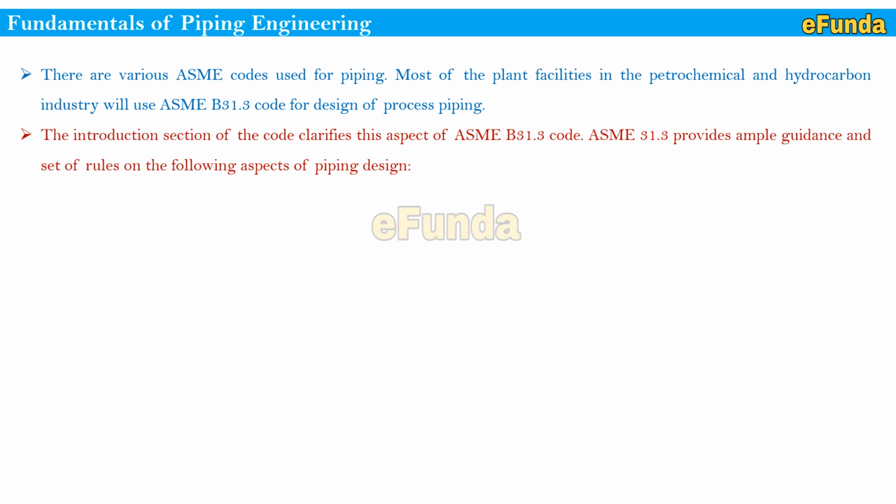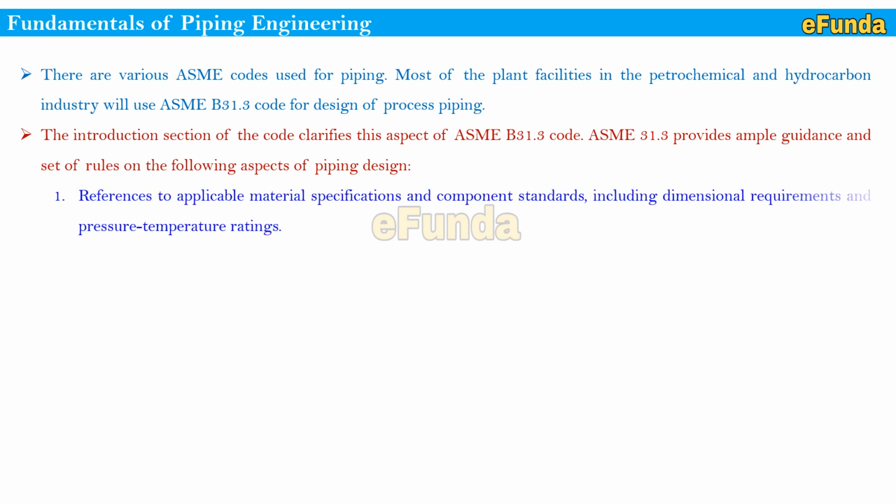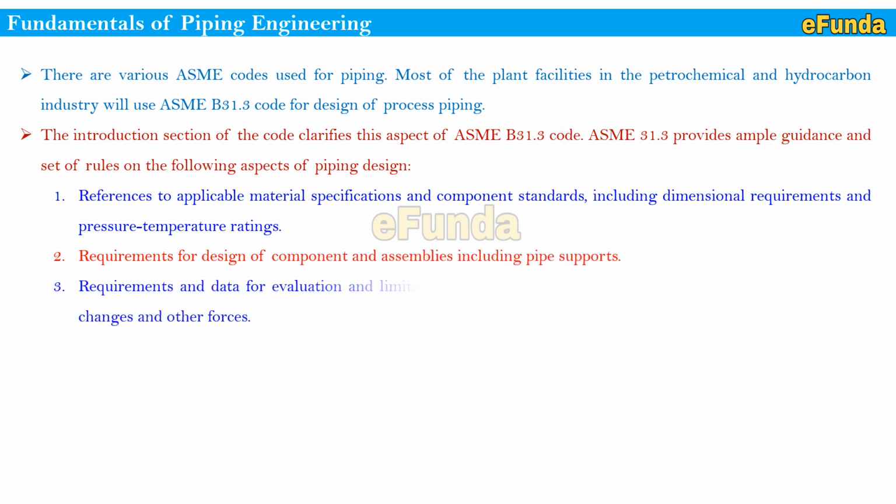First, references to applicable material specification and component standard, including dimensional requirement and pressure temperature rating. Second, a requirement for design of component and assemblies including pipe support. Third, a requirement and data for evaluation and limitation of stresses, reaction associated with the pressure, temperature changes and other variable forces.